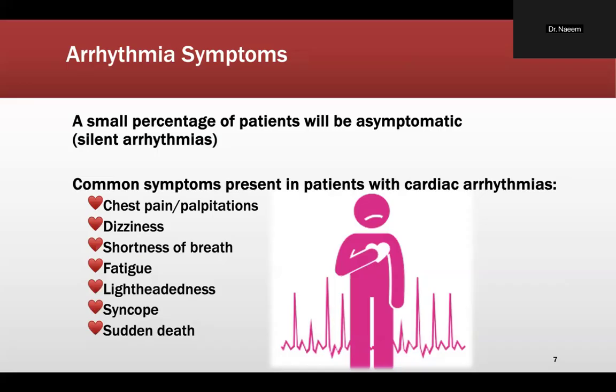Those are just some things that we note in patients who come into the hospital, in my experience. For reference, arrhythmias include both rate-related and rhythm-related abnormalities. So when I said abnormal heart rate or abnormal heart rhythm, it could be either or it could be both. Those are just some clarifications that I wanted to mention.